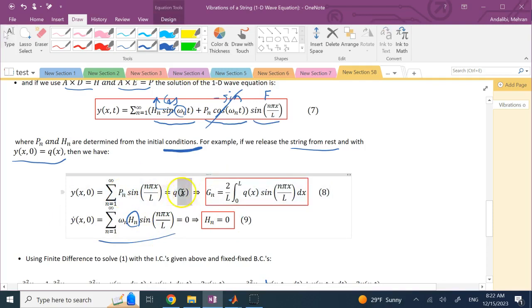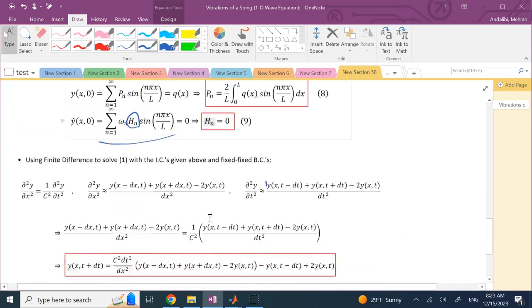And if you look here, this is very similar to a Fourier series. So I can find these pn's the same way that I found them in Fourier series. And so here I need to multiply both sides by this sine function and then integrate, right? I need to multiply q of x by this function, integrate from beginning to the end, multiply by 2 over L. So this is how you can find Pn and Hn. And that's all it is to find the complete solution.